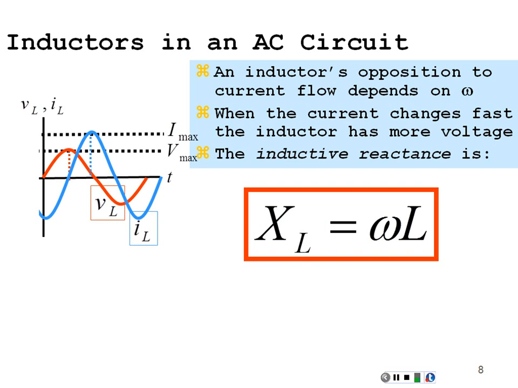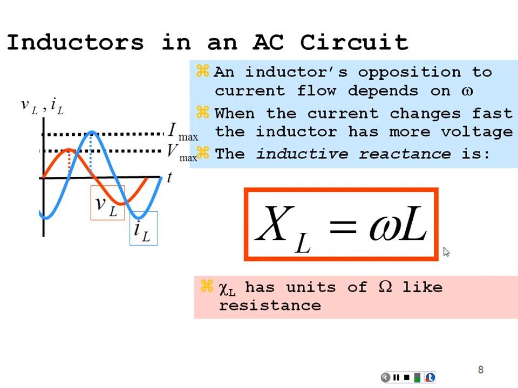The units of inductive reactance, X sub L, are radians per second times henries, and that turns out to be ohms. So the inductive reactance has the same units of ohms, and in a sense it's doing something similar to resistance. It is opposing the flow of current.